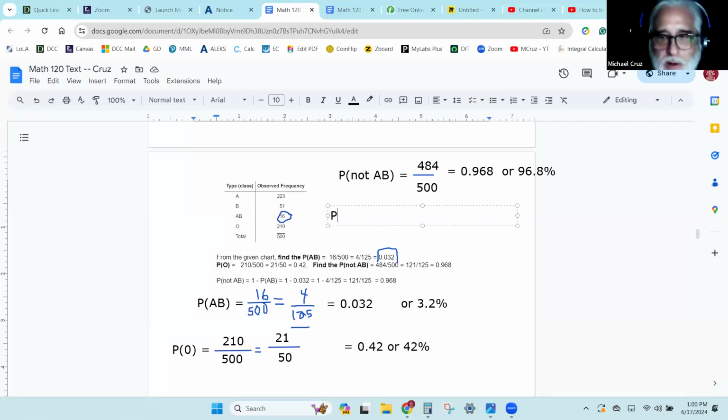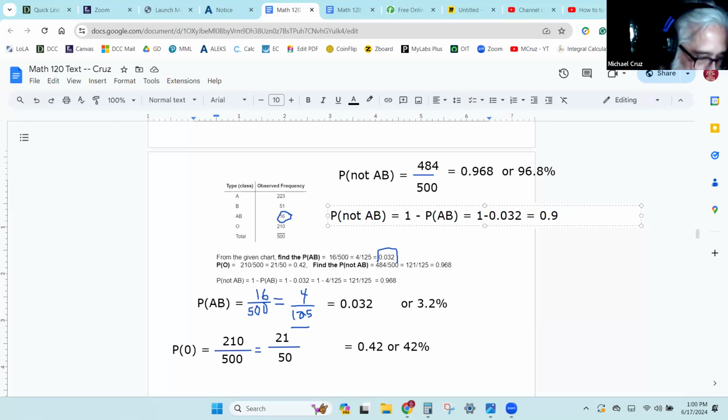So the probability of not AB is equal to 1 minus the probability of AB, which is 1 minus 0.032, which is equal to 0.968. Same, no matter which way you cut it.